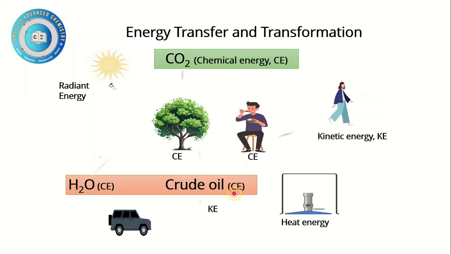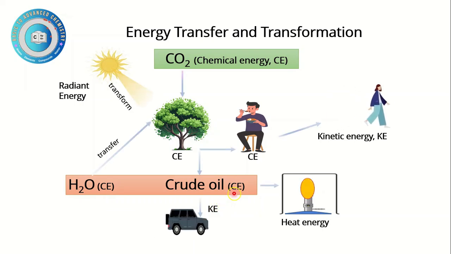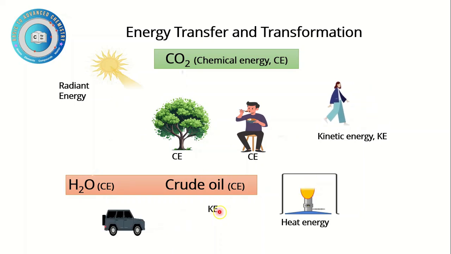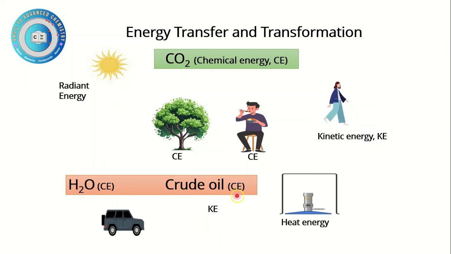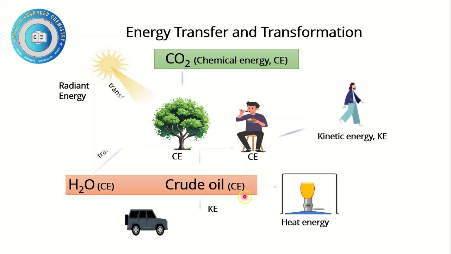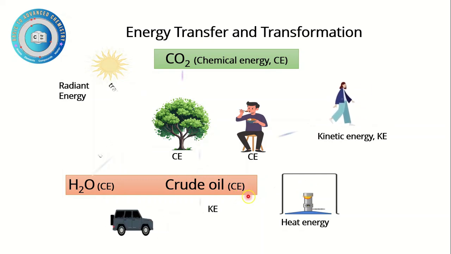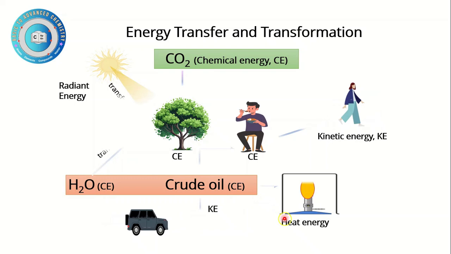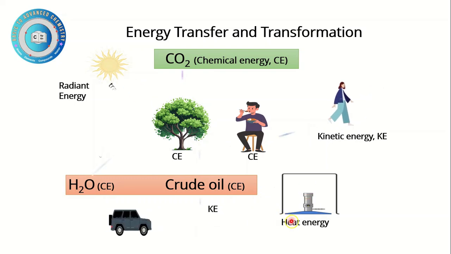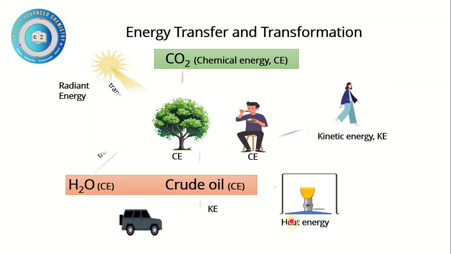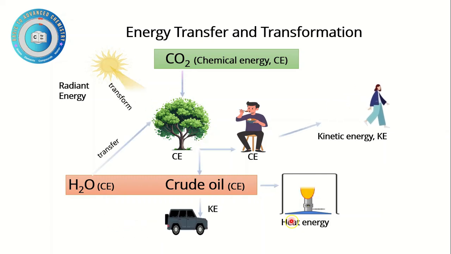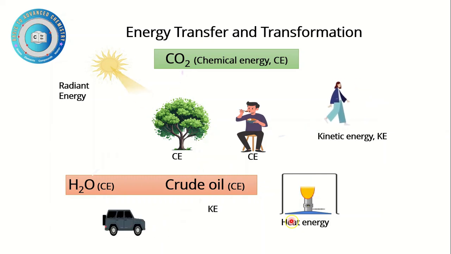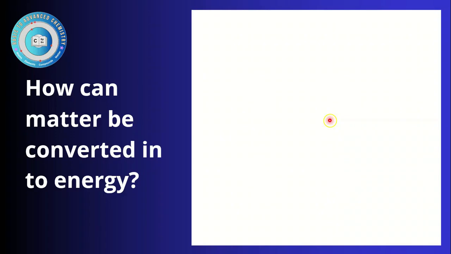Therefore, the chemical energy in crude oil is changed to kinetic energy. Here is a transformation. Again, crude oil is used as a source of heat, which means the chemical energy in crude oil is transformed to heat energy. In this way, energy can be transferred from one matter to another and transformed from one type of energy to another.